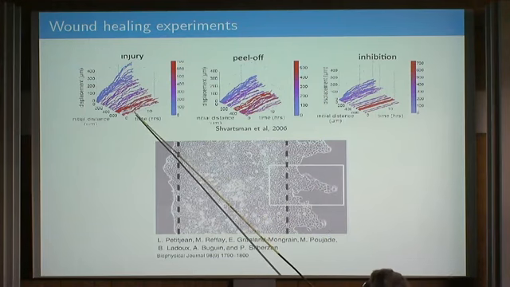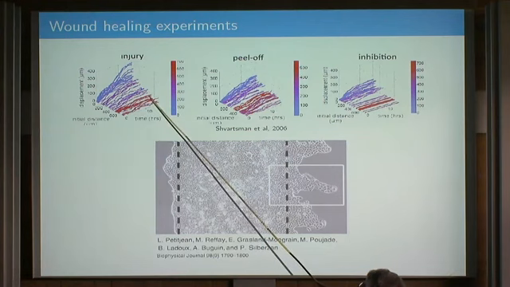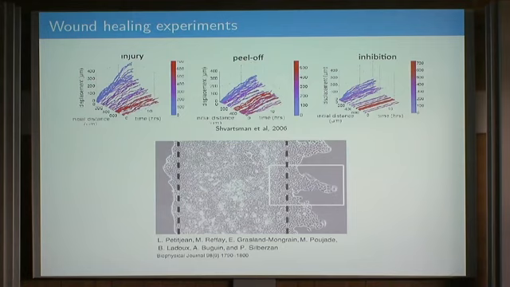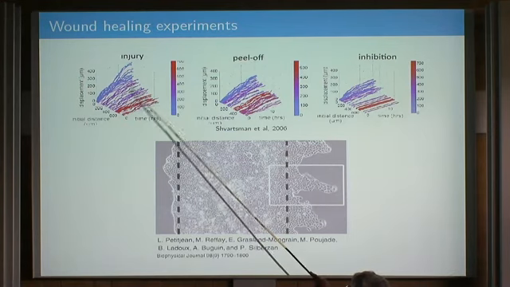Wounding can be done with injury, and this injury sends a chemical signal, and this chemical signal excites the kinase, and this causes the spreading.